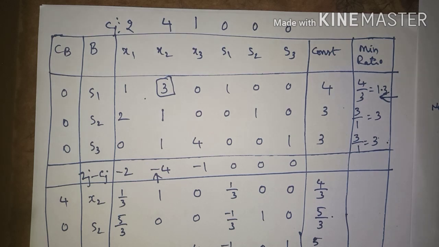Now if you observe the index row elements, what is the most minimum?